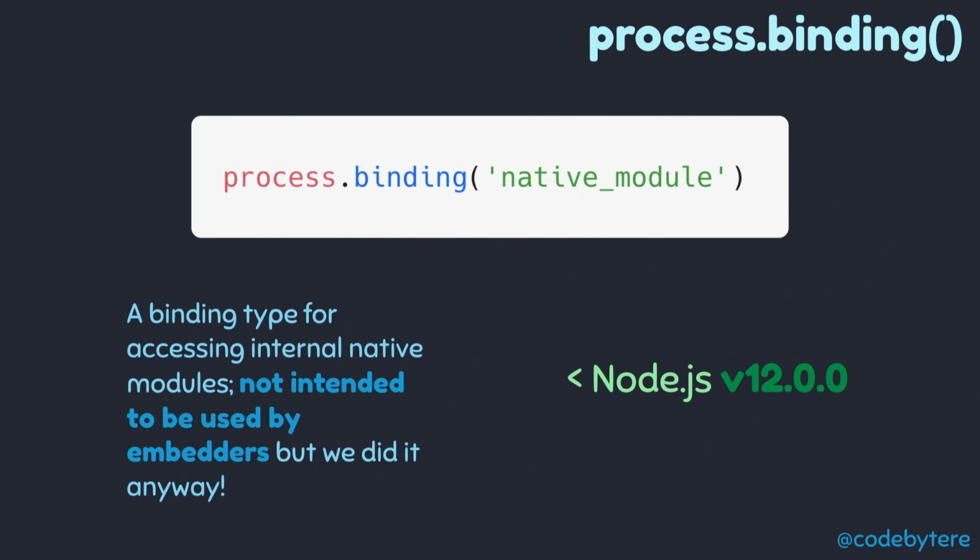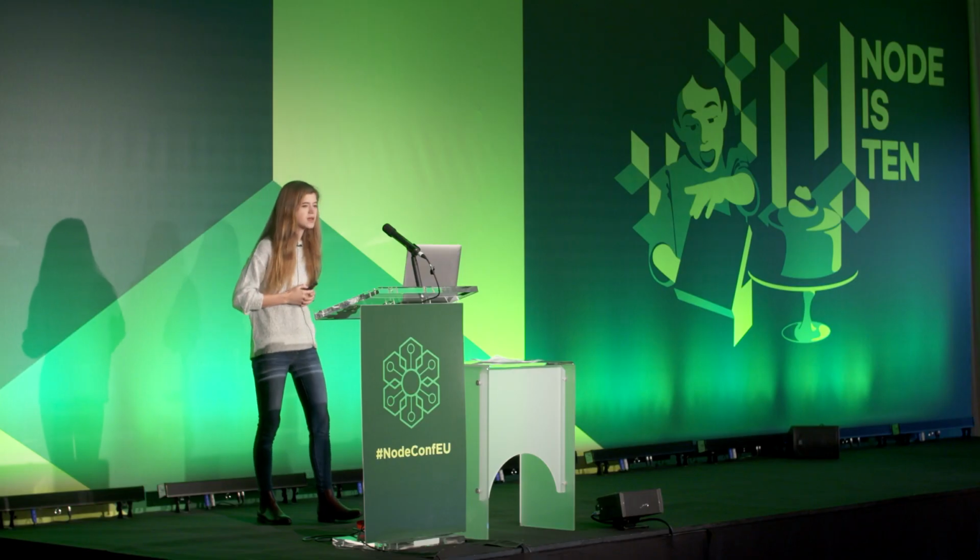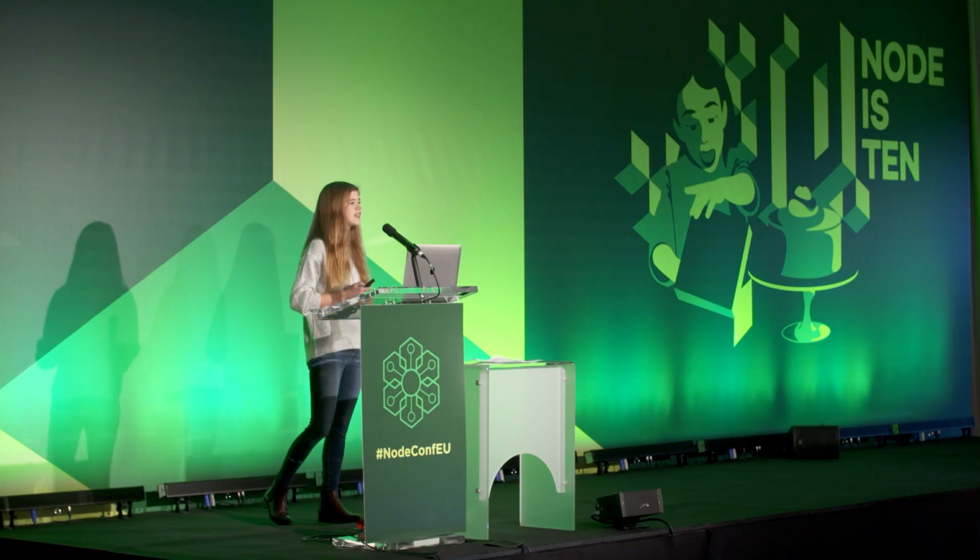Process.binding wasn't really intended to be used by embedders, but as in many other things Electron's kind of done, we decided to do it anyway. This was fine for years, but it then bit us in Node v12 when it was released, because process.binding was actually removed from Node's internals following a deprecation period. And so any attempts to use it would error. And so we had to go and find a new, more embedder-friendly thing to use.